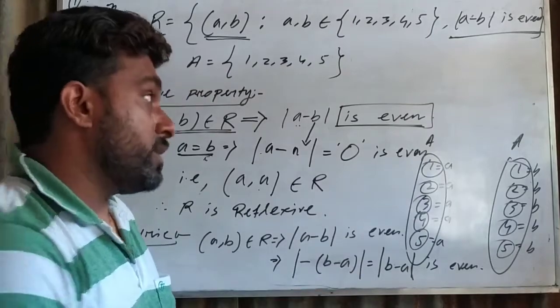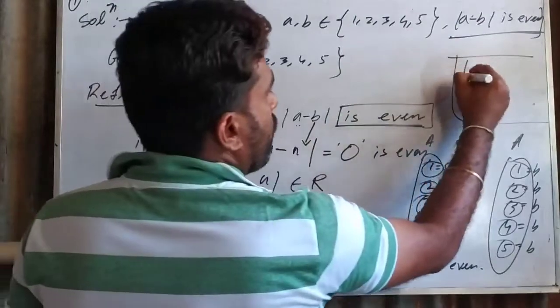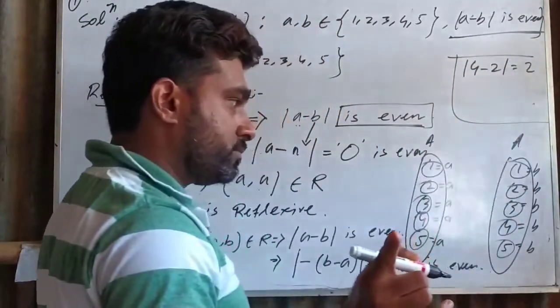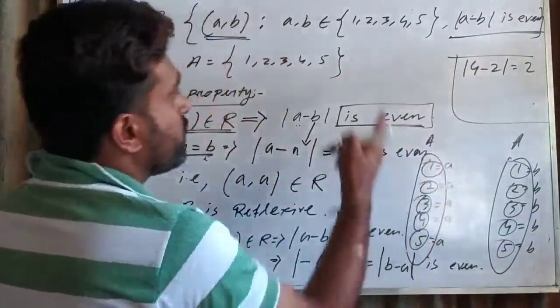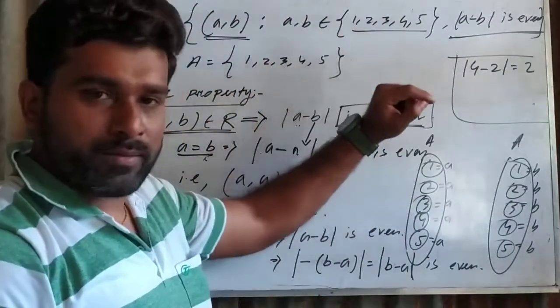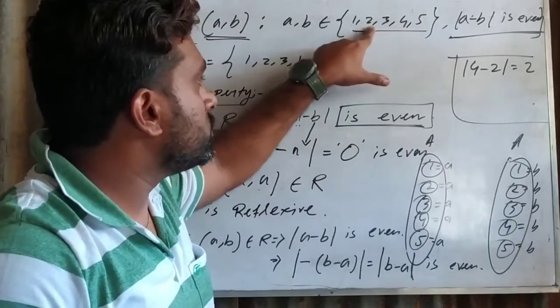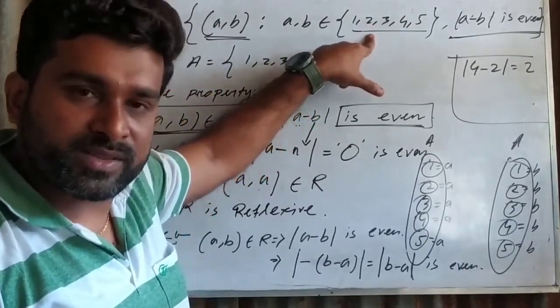If I choose an example, you can see mod of 4 minus 2, the answer is 2, which is even. Here 4 and 2 can be chosen, because the set given is 1, 2, 3, 4, 5. That means a and b values can be chosen as 4 and 2 because both belong to this given set.